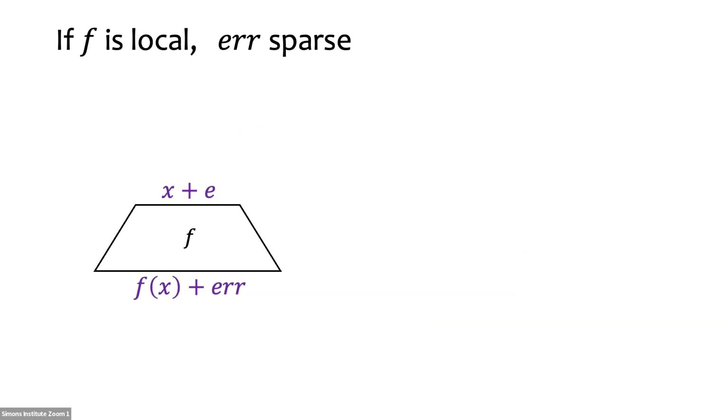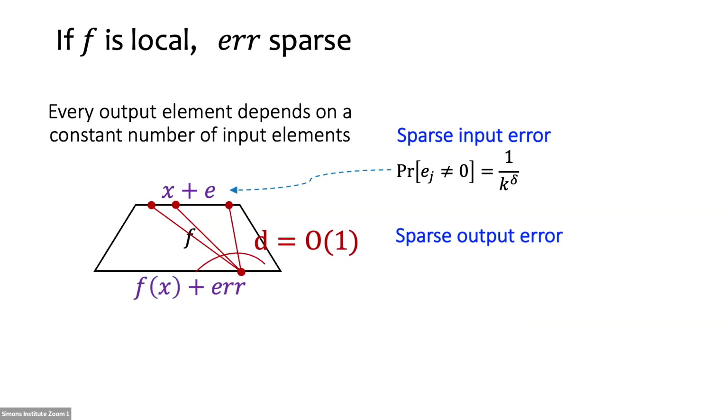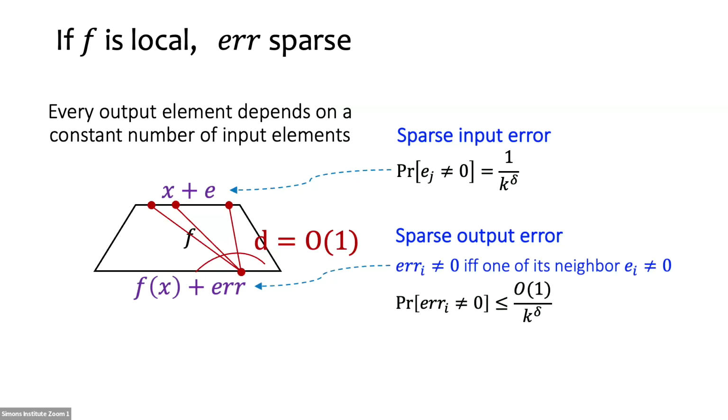And this can be seen because in an NC0 function, every output element depends only on a few input elements. So because the input is only sparsely corrupted, that is, each element is wrong with a tiny inverse polynomial probability, an output element is only wrong if one of its neighbors is wrong, and hence by a union bound each output element is only wrong with slightly increased probability.